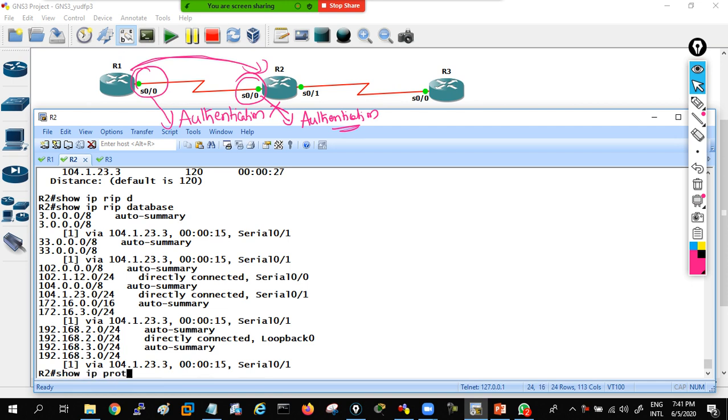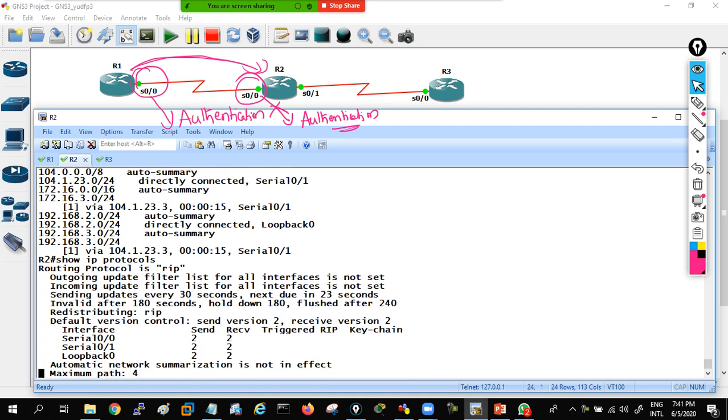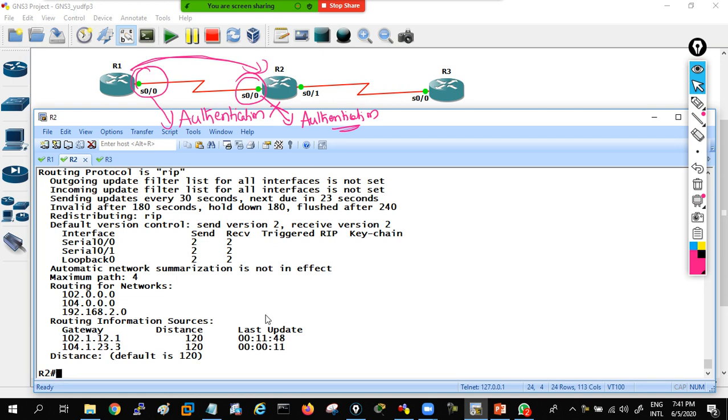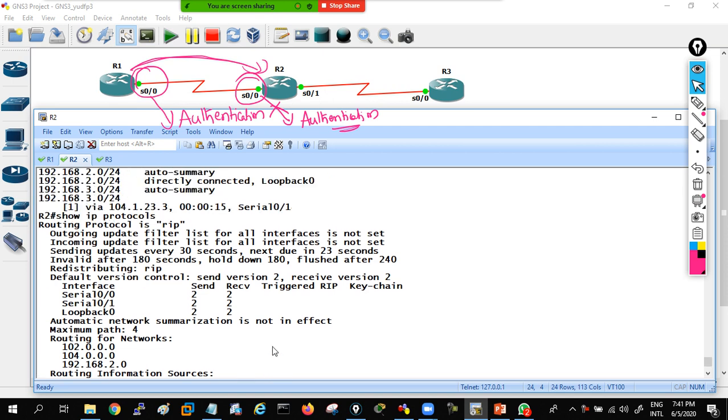Show IP protocols. I'm not able to see that. Okay, I'll check that command, guys. There is a command that you can use to see that authentication is enabled. It will show you that.